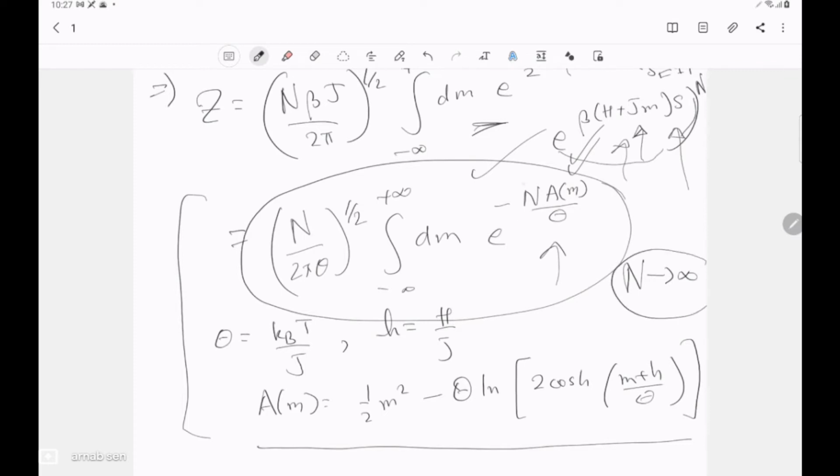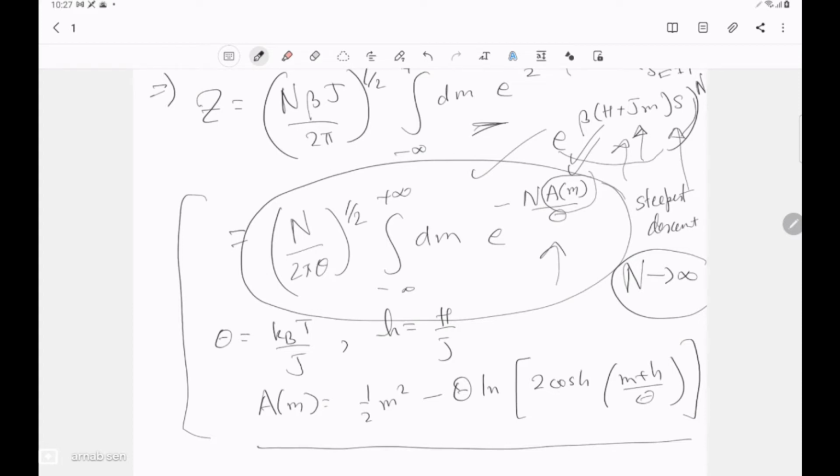So this capital N is a very large number, and then you can solve this integral using the steepest descent method. Basically what would contribute is the extremum of this function A of m and the expansion near the extremum. Everything else will be damped out because this N is so large.